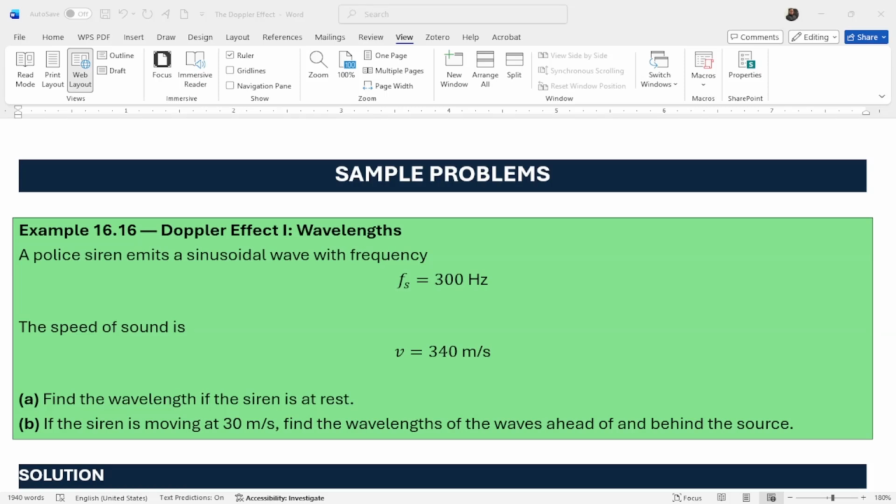And if the siren is moving at 30 meters per second, the problem is asking us to determine the wavelength of the wave ahead of the siren, and also the wavelength of the sound wave that is behind the source, or behind the police siren.